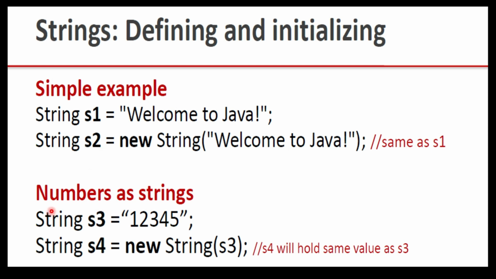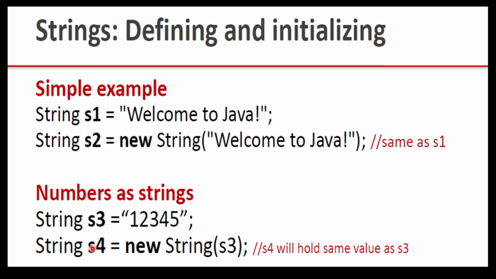Now, numbers when you declare them as a string: see, String S3 = "12345". These numbers cannot be used for calculations. These numbers are now only a string. It cannot be used for calculations. Remember that. Now see, our value in S3 is 12345.